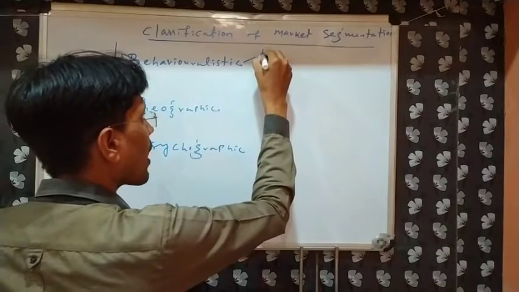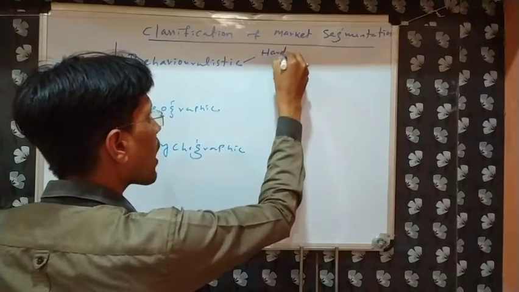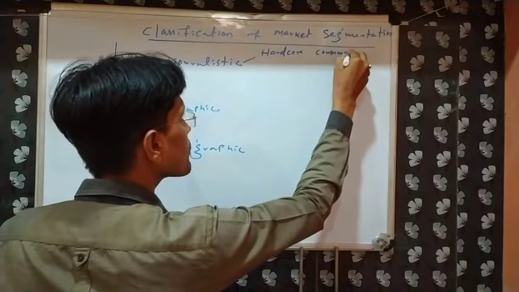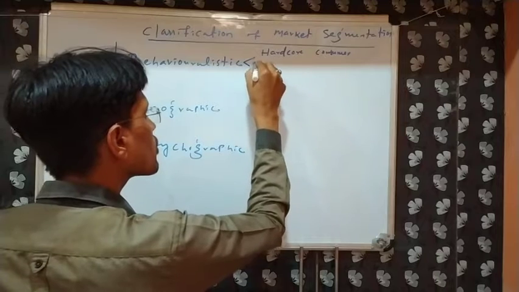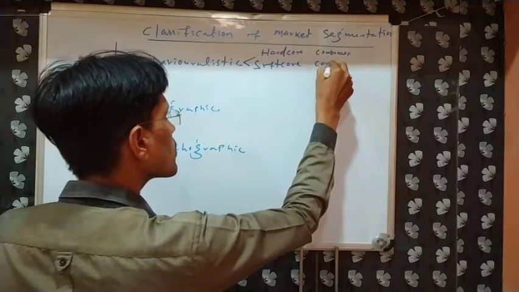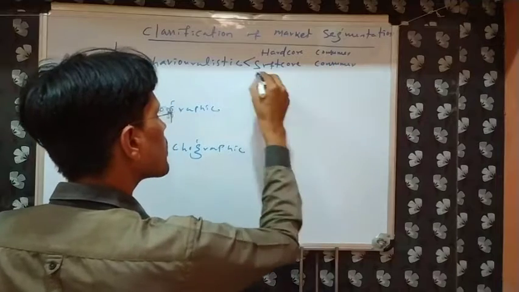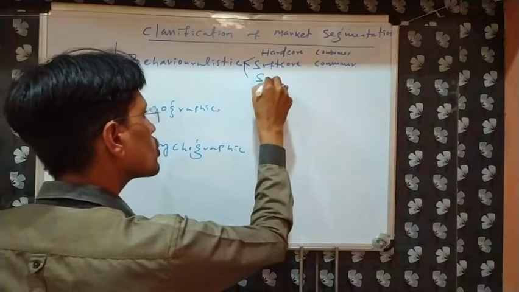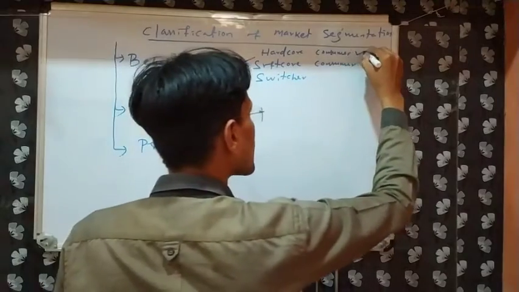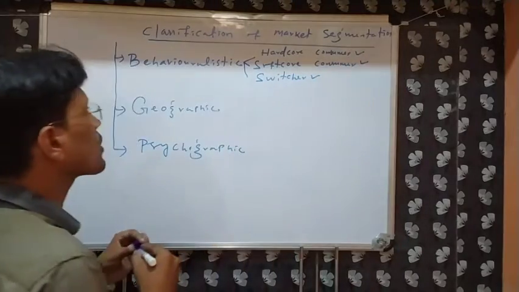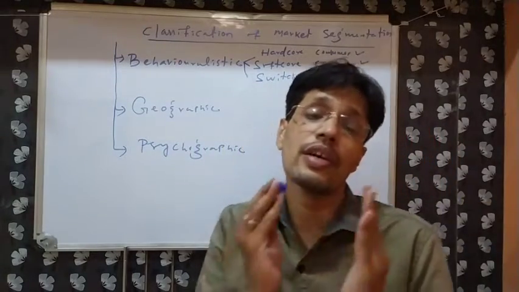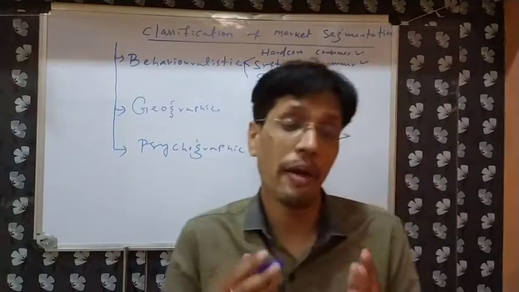First is the hardcore consumer. Second is the softcore consumer, and third is the switcher. Today I will explain how these 3 varieties of consumer could be explained while segmenting the market according to the behavioristic approach.